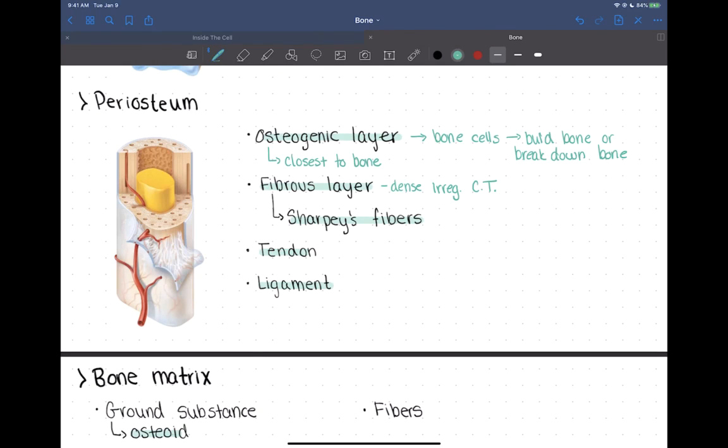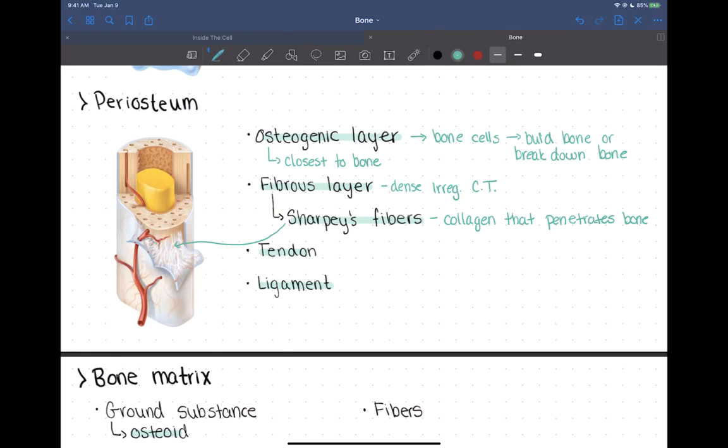These are collagen fibers from that fibrous layer that actually go into and penetrate the bone tissue. And so it helps to anchor that fibrous layer to the surface of the bone. You can see it here, all these little fibers actually weaving into the bone tissue itself.